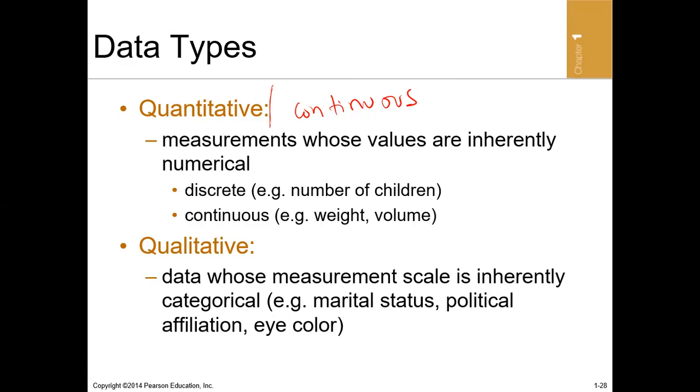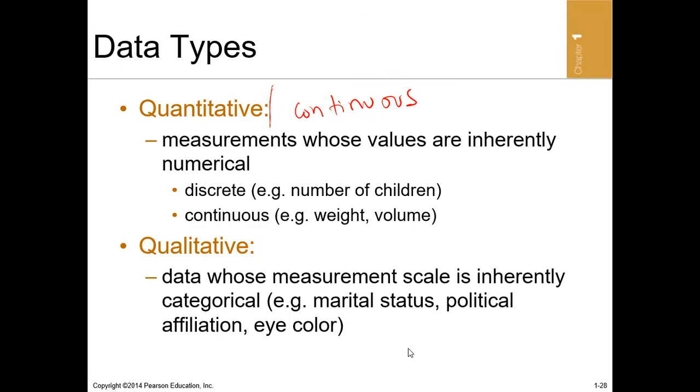Even somebody's eye color, blue, brown, yellow, red, black, whatever, they are just qualities. And because they are qualities, we can just categorize them. So quantitative data is normally continuous, qualitative data is normally categorical.